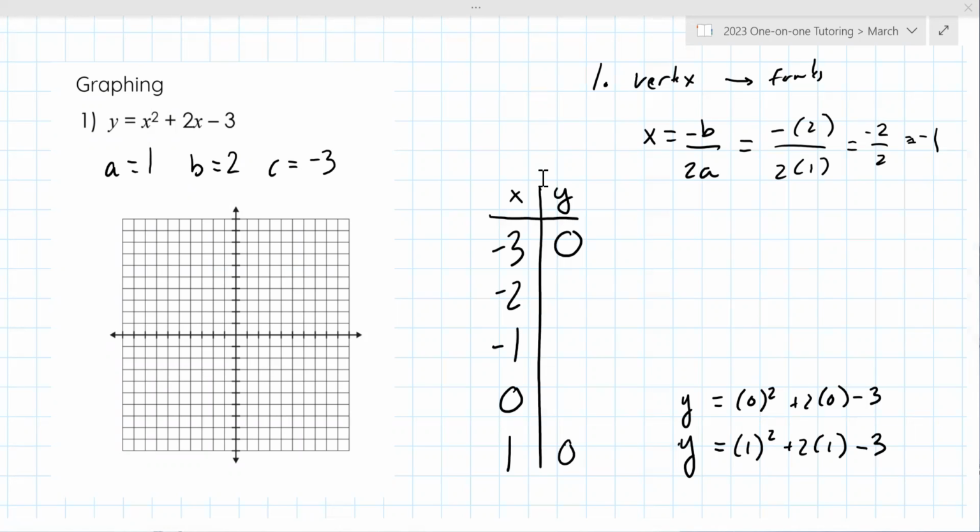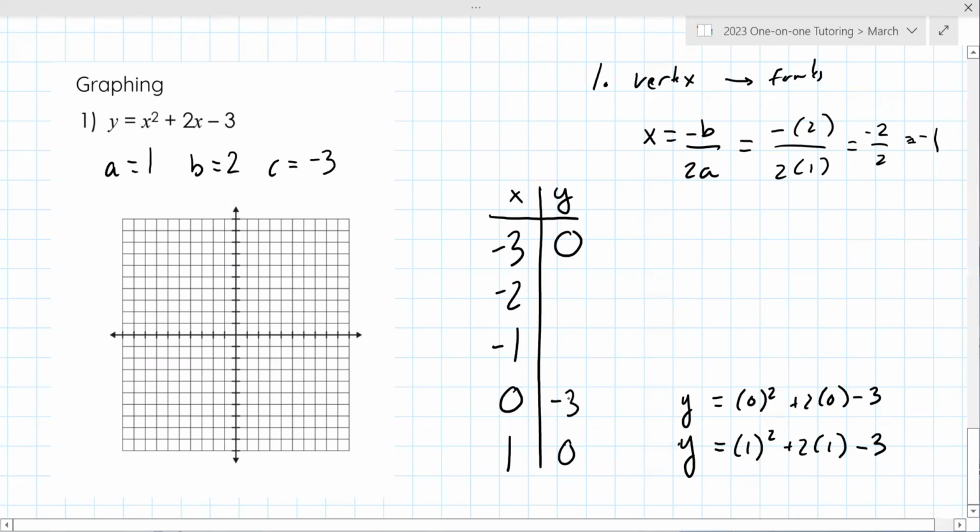The first one is 0. I know it's zero, but I changed it to 1. So the first one, 0 squared is 0. 2 times 0 is also 0, but you've got this -3 at the end. What's the result of those? -3. Yes. And by symmetry, this one is also -3.